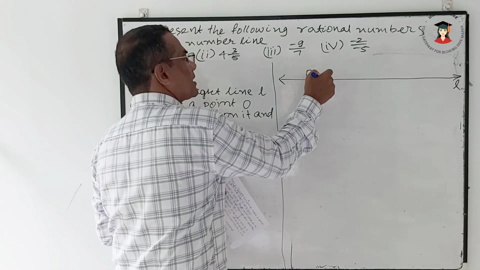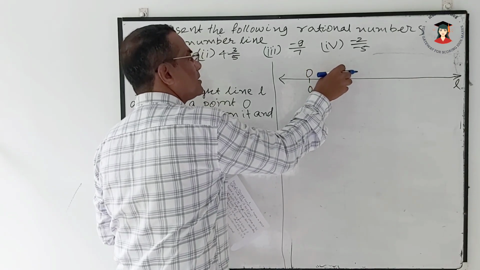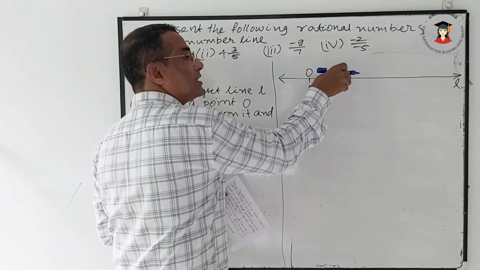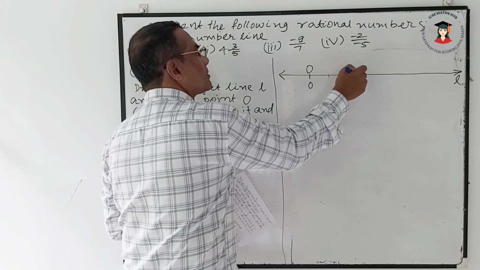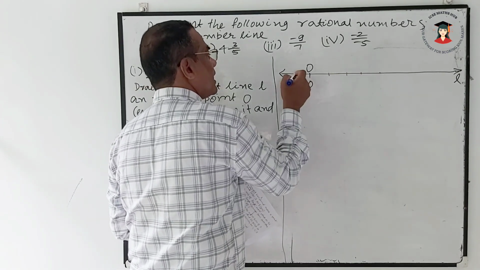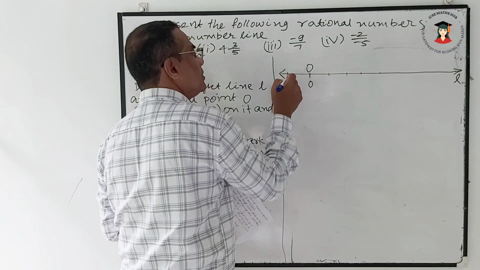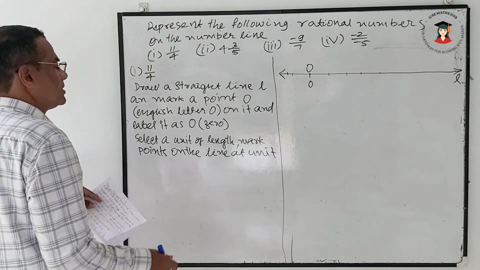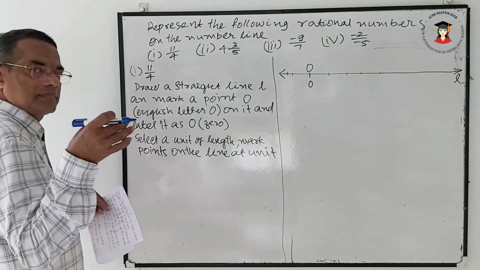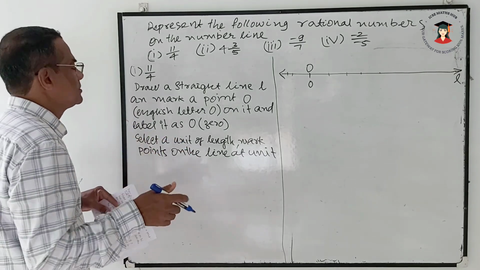Keep here, mark a point here, then keep the same length without changing that distance, and mark a point like this. And here also you mark points like that.